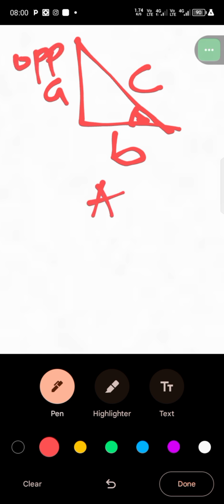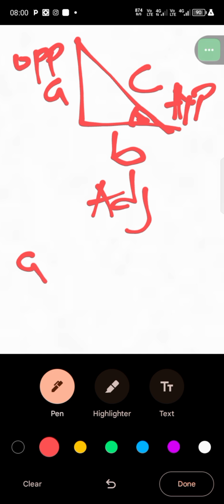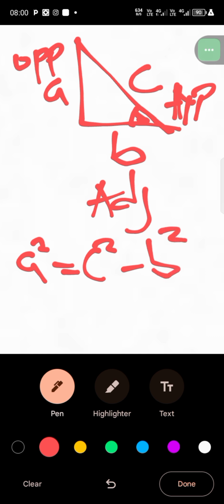B represents the adjacent, while C is the hypotenuse, the longest side of the right angle triangle. Now let's see the rule for Pythagoras theorem. It is a square equals c square minus b square. You notice C is the hypotenuse and is the longest side. That's why I have to subtract to find the value of a.